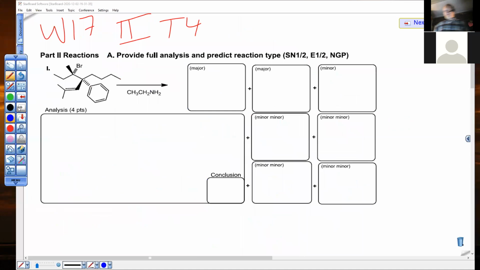And what else have we got on our review? This is the one I was talking about. It's the same idea. 2 major products, because if I make a cation here, it can rearrange this group to make a wonderful super califragic cation here, because it'll be tertiary allylic benzylic.